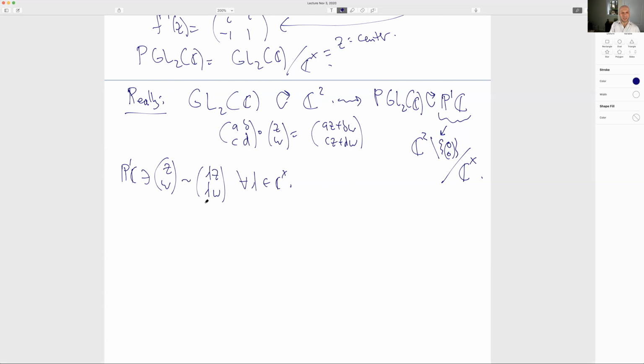And so does PGL2 really act on, so let's understand this projective complex line. What does it really mean? If I have [Z, W], and let's say W is not 0, what could I take for lambda?